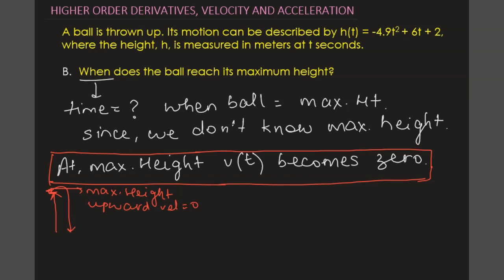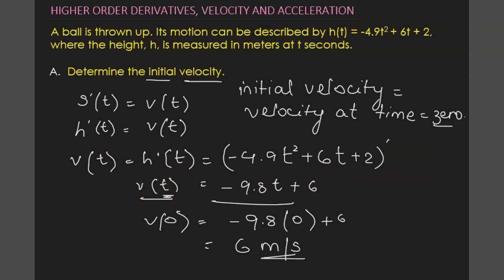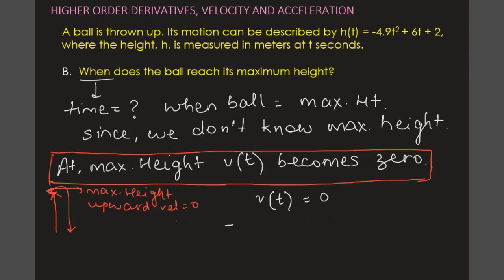Coming back to the question, now we know at maximum height V(t) is 0, so all we have to do is just put V(t) equal to 0. From the previous part, we see that our V(t) is negative 9.8t plus 6. That's what we will put here: negative 9.8t plus 6 equal to 0. And then all we have to do is solve for our time.